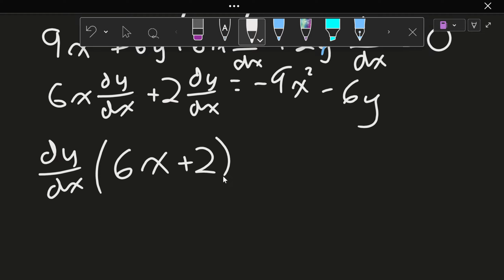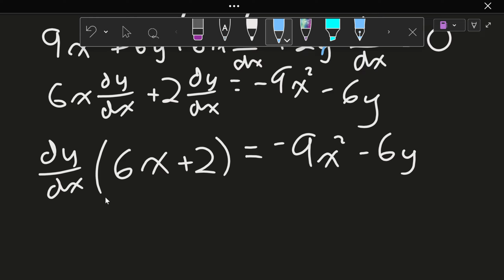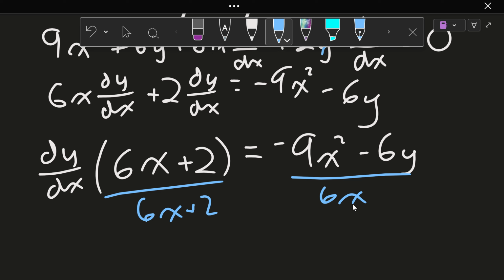I might be able to do some simplification on that bracket, but I'm not worried about that yet. And I'm going to keep that as my minus 9x squared minus 6y. And then you can see my dy by dx is almost isolated. So all I really have to do is divide by 6x plus 2 on both sides. And then I'll have my dy by dx isolated.